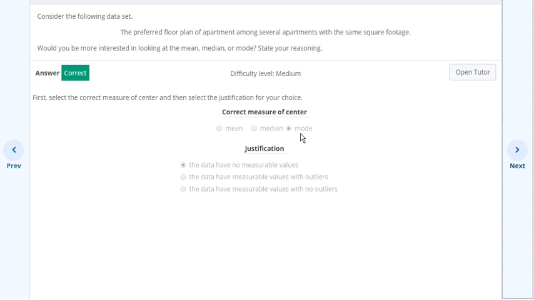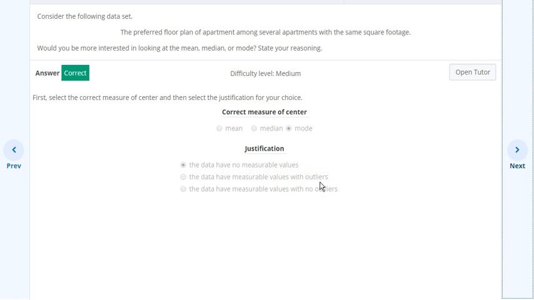They chose mode. And the justification, the data have no measurable values. That was the correct answer. But let's look at the other. The data have measurable values with outliers.